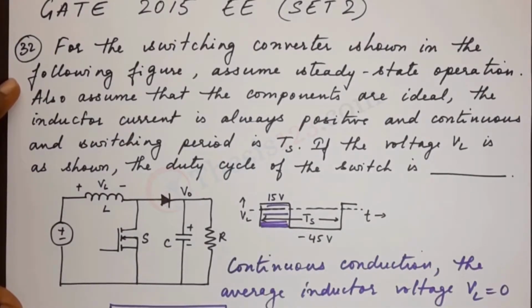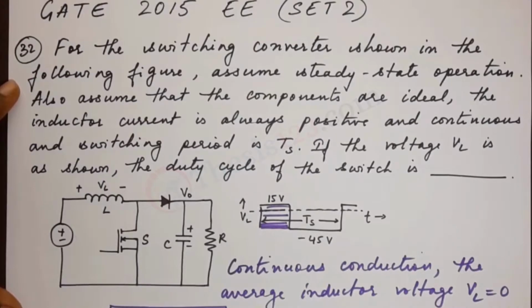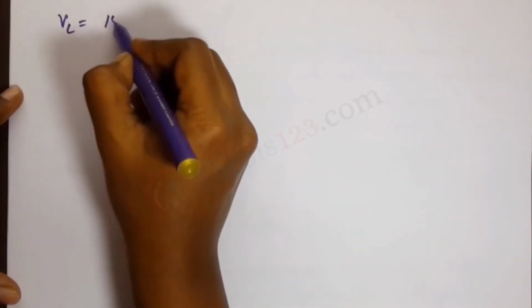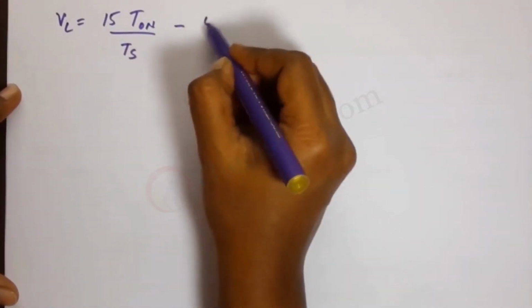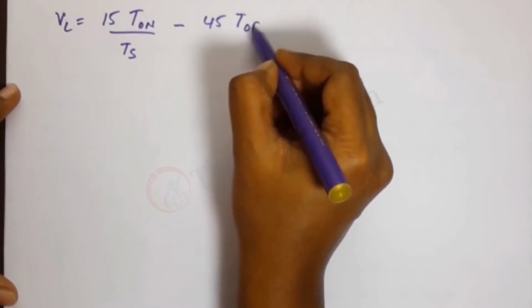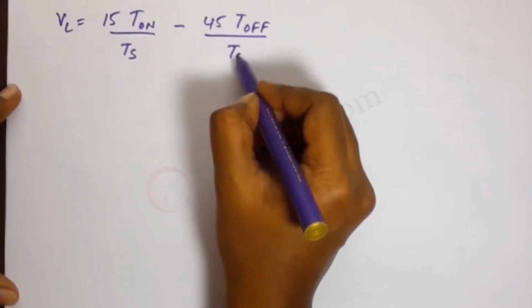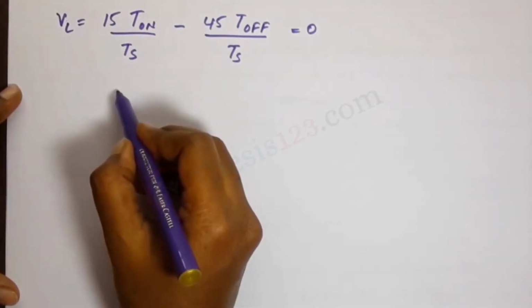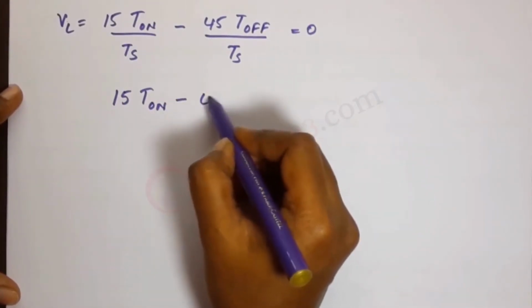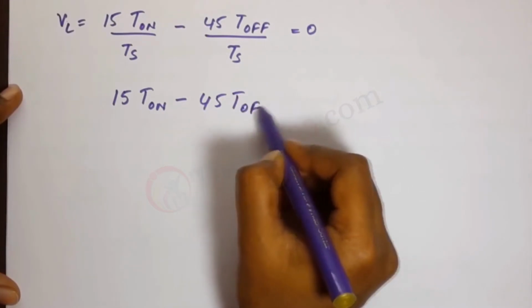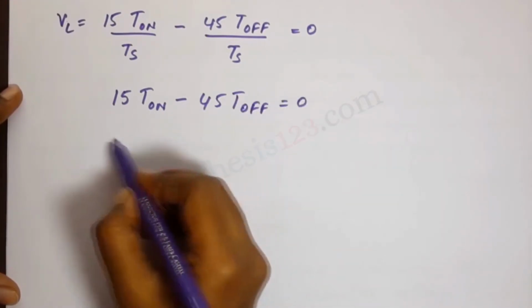Okay. So now let's write down the expression further. We have VL equal to 15 T on by Ts minus 45 T off by Ts, equal to 0. Now we can write this as 15 T on minus 45 T off equal to 0.